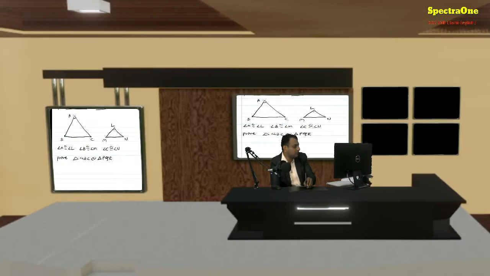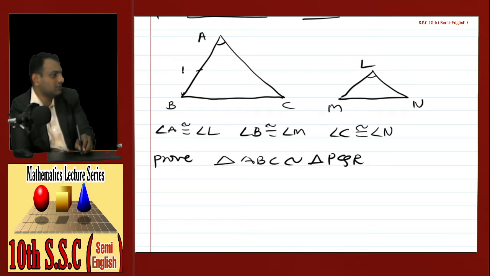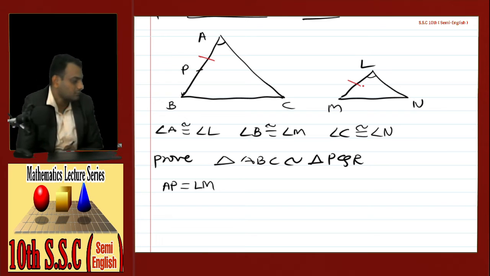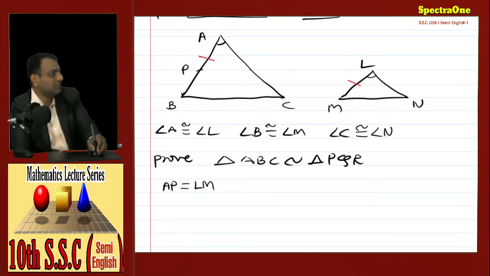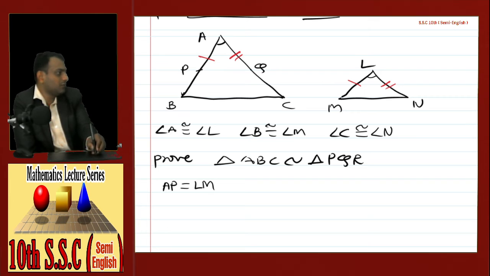Suppose on side AB we will mark one point P in such a way that AP equal to LM, and on side AC we will mark one point Q in such a way that AQ equal to LN. Now we connect these two points.